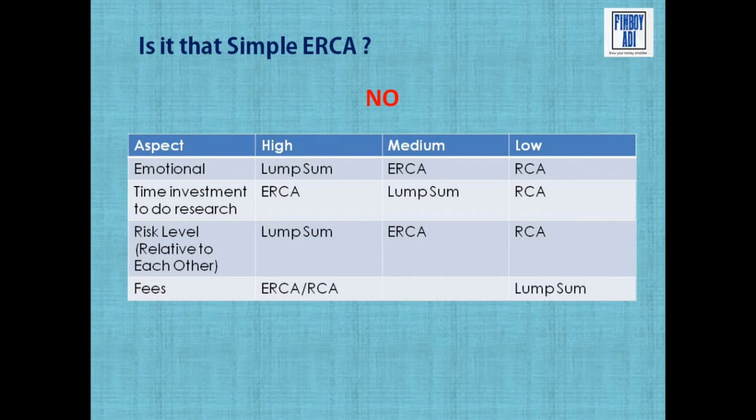Okay, so you have to understand when you will get more return and on which aspect. Let's say the emotional aspect, meaning the market is going up. In the bull run, if you invest in lump sum, you will get high returns, if you use enhanced Rupee cost averaging, you will get medium, and if you do normal SIP, you will get low return.